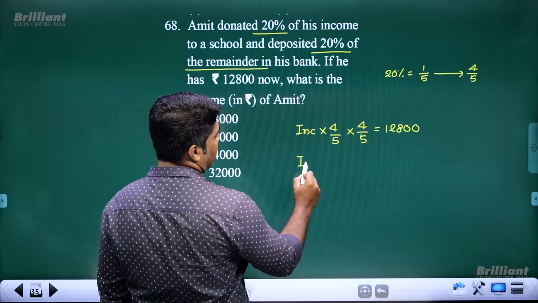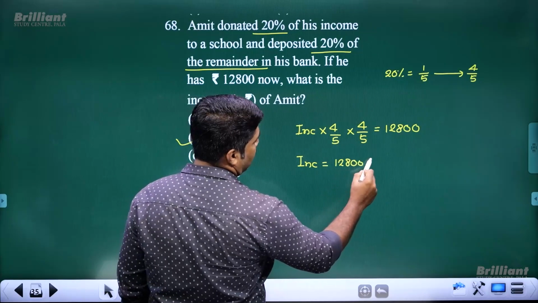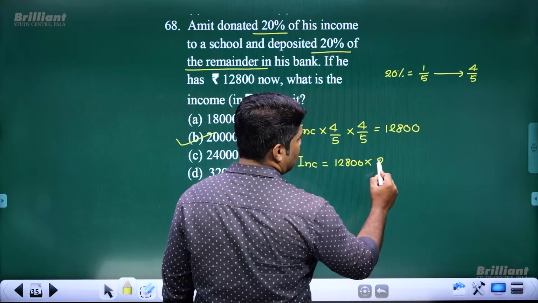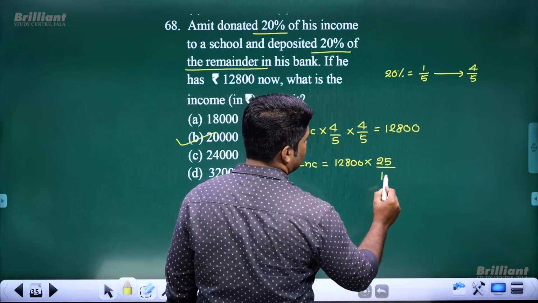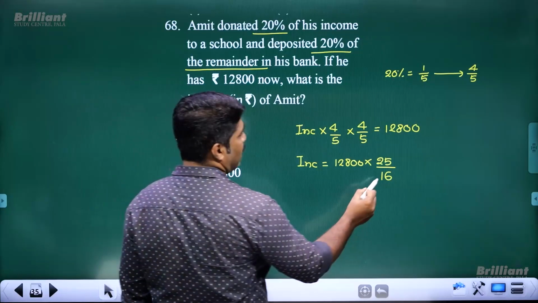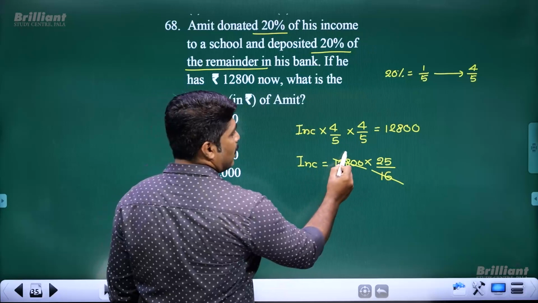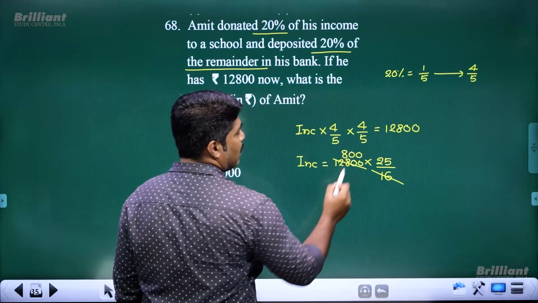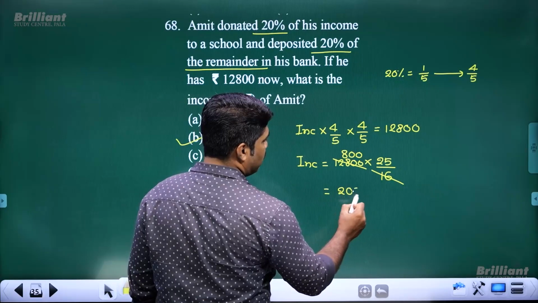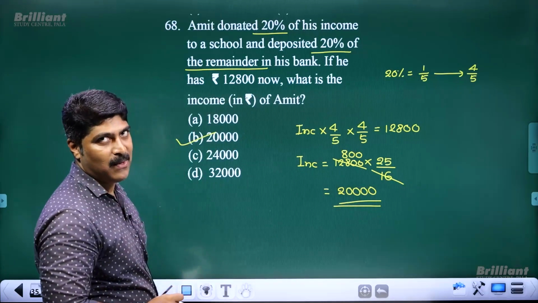Therefore, what is the income? It is 12,800 into, taking these two fractions to the right side, 25 by 16. Simplifying further, this is equal to 800 into 25 into 8. 25 into 8 is equal to 200. Put two more zeros here. Therefore, the answer is rupees 20,000.